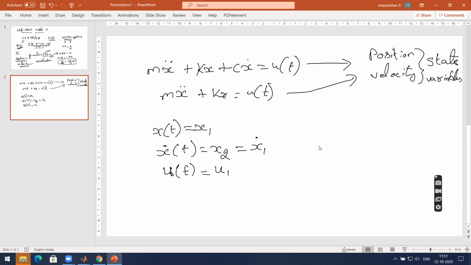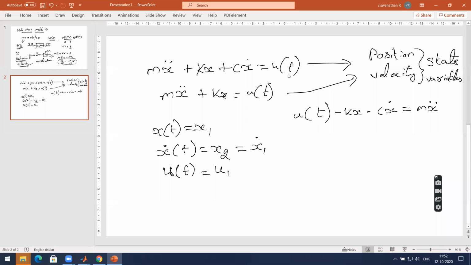Now if I write it this way, u of t minus k x minus c x dot is equal to m x double dot.